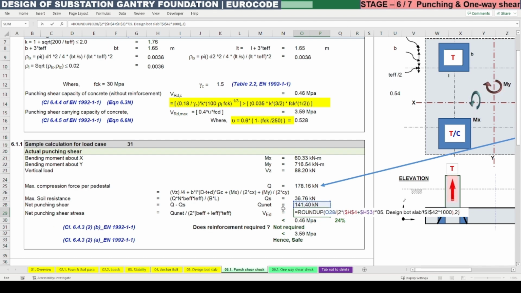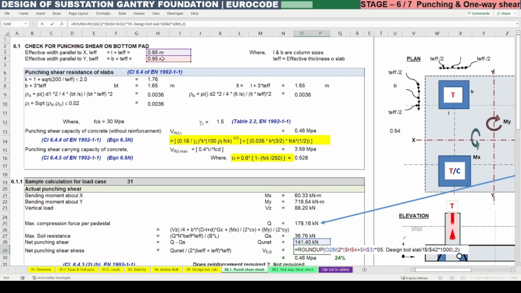So the Q U net divided by 2 into B effective and T effective, sorry, L effective, are here because we are having two sides of L and B. So there are four sides as it is a square, both L effective and B effective having the same value.